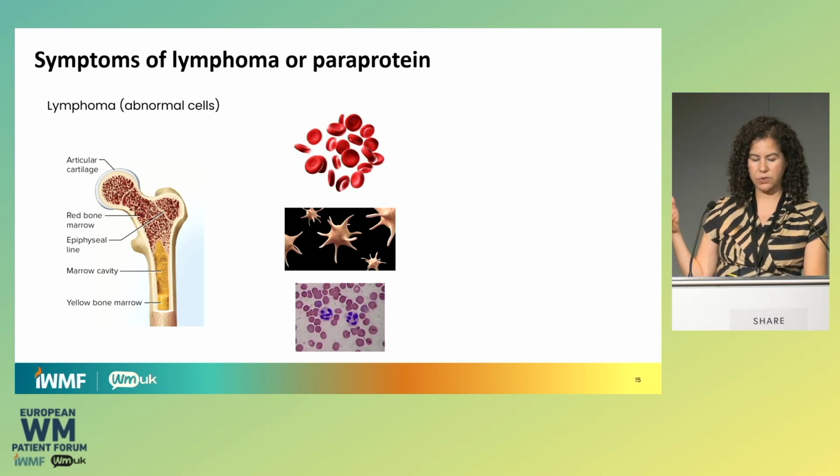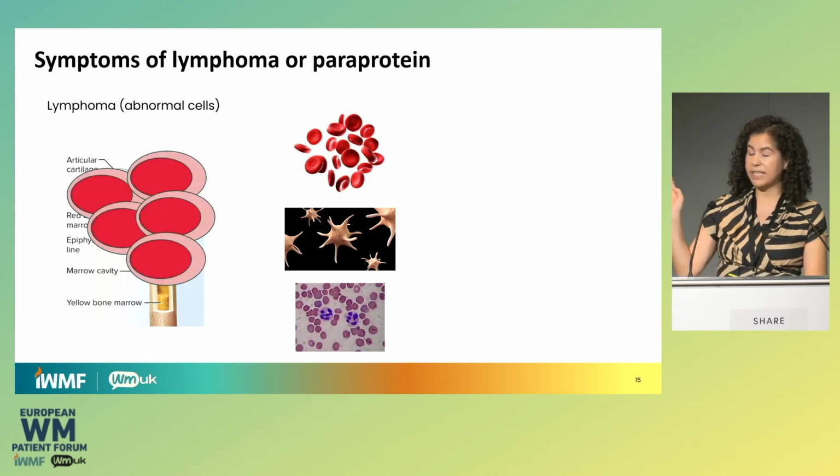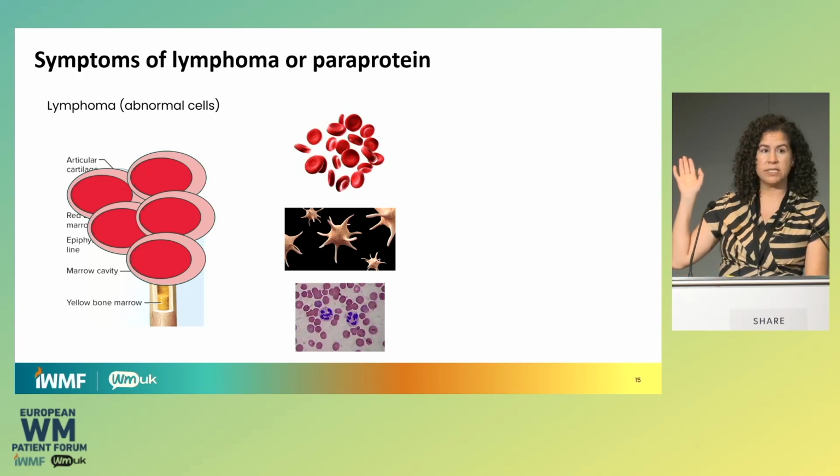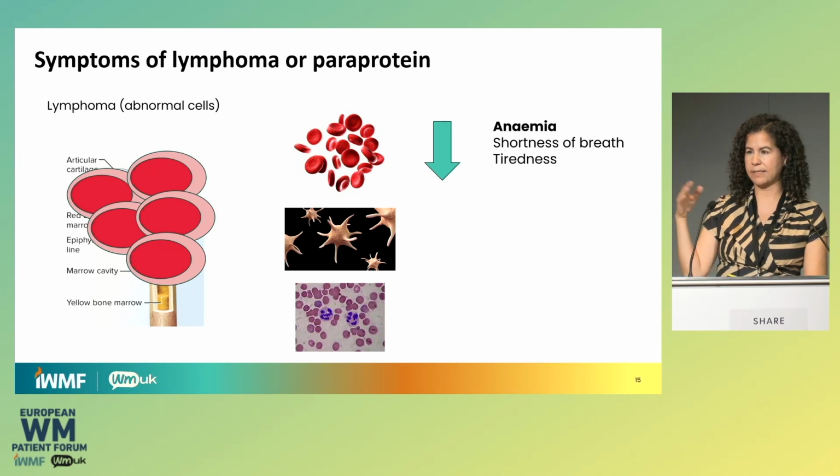And if you're producing too many of the abnormal cells, so the lymphoma cells, then it'll stop your bone marrow from producing your normal cells. So if you get a reduction in your red blood cells, that's when we say someone's anemic. So when we're doing your full blood count, when we're checking your bloods in clinic, we'll be looking at your hemoglobin level.